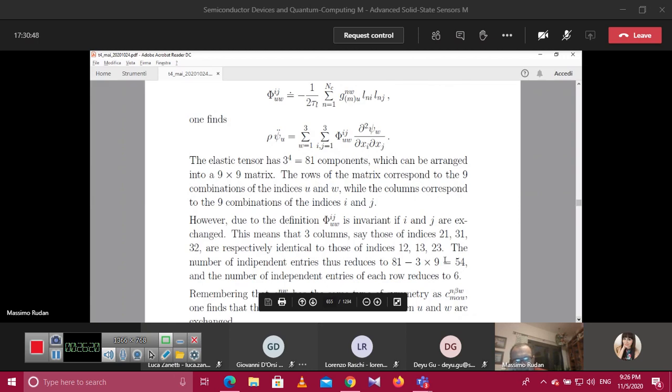Okay, and since we have eliminated three columns, now the rows are not 9 elements long anymore. The columns have reduced their length to 6 because we have eliminated three columns. Okay, so we have 54. Now we proceed.